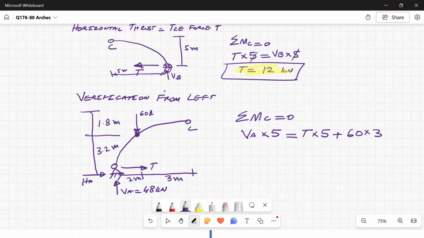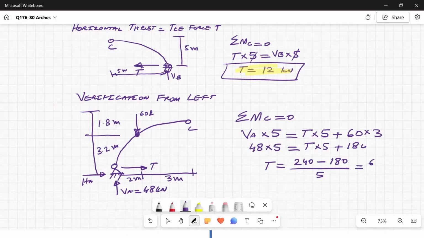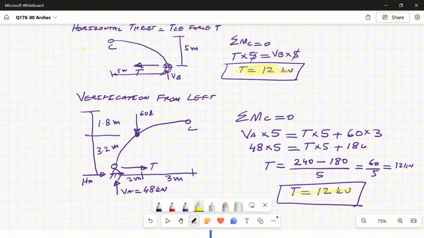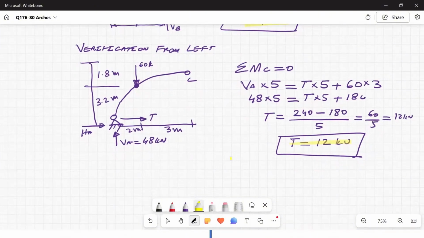And from here we have 48 times 5 is equal to T times 5 plus 180. And if you simplify it, T will be equal to 240 minus 180 divided by 5, and this will be equal to 60 over 5 and 12 kilonewton. So T is equal to 12 kilonewton. The tie force, the tension force from T is 12 kilonewton, which means that we can verify it from left side as well.